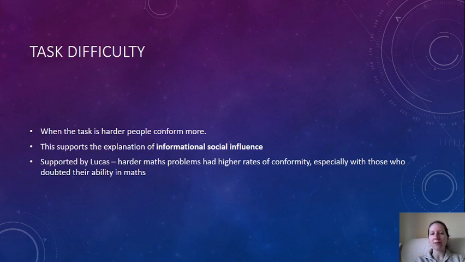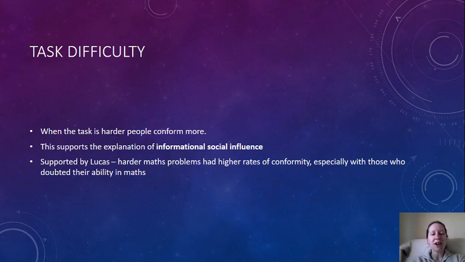It's not just normative social influence, where everyone else is giving the wrong answer, so I'll just go along with it because I don't want to stand out, I don't want to be rejected. You have informational social influence, where they're not sure, so they go along because they think everyone else might be right.